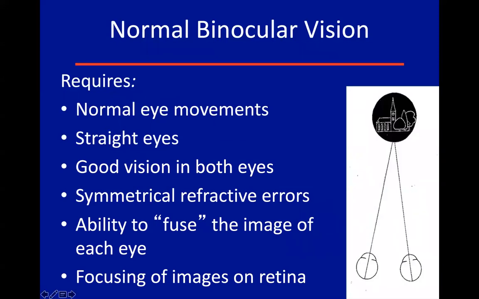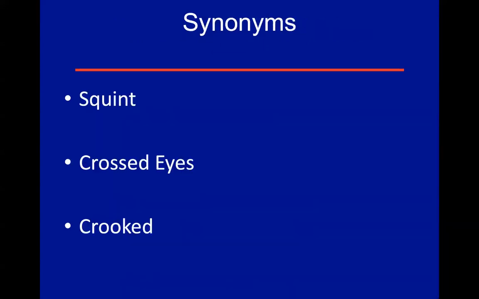So here is an object or an image. Both eyes have to be symmetrical, they both have to have good vision, and they have to be able to fuse the image together in order to have normal binocular vision.